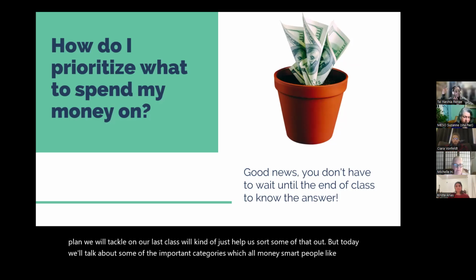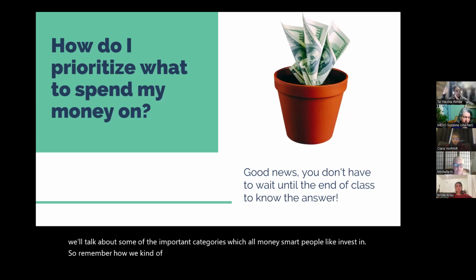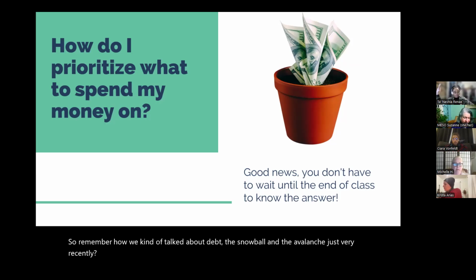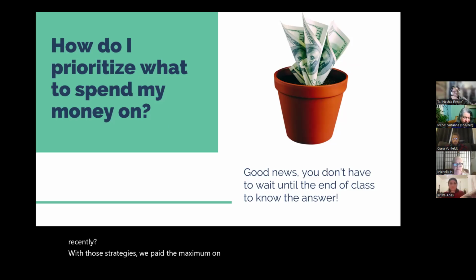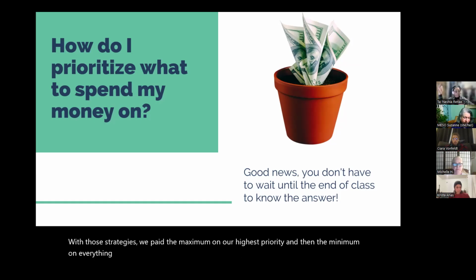Remember how we talked about debt, the snowball, and the avalanche? With those strategies, we paid the maximum on our highest priority and then the minimum on everything else. We also use that same concept to think about how to pay into our savings, investment, and insurance.